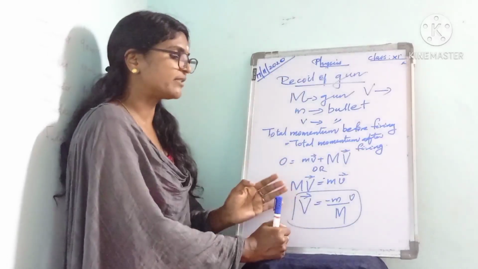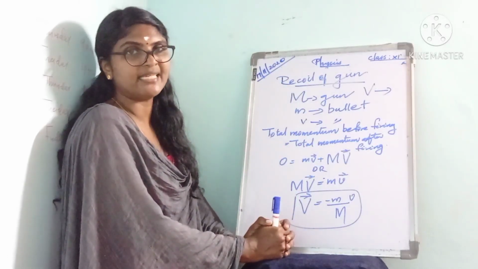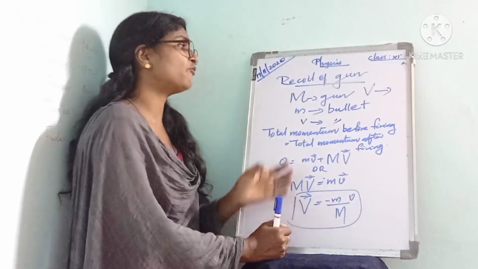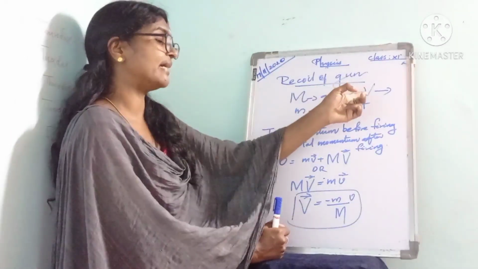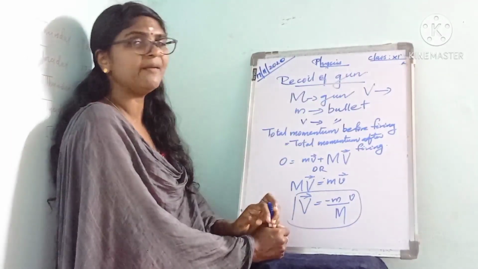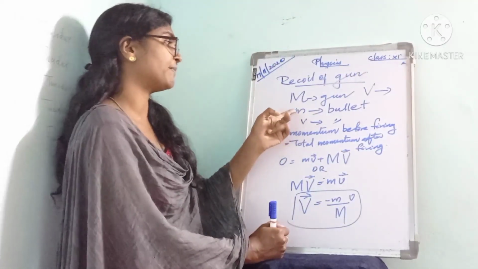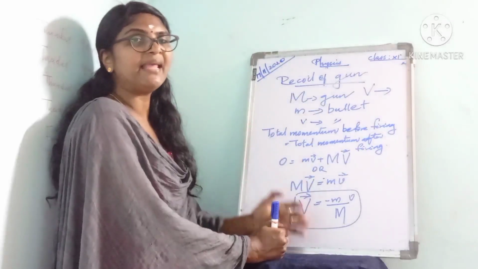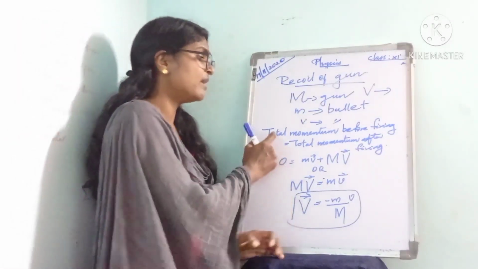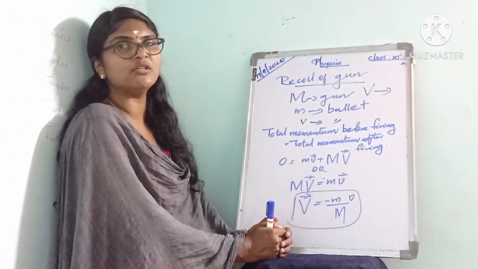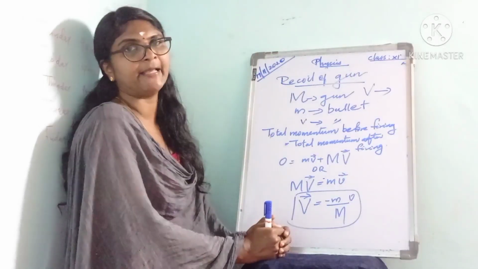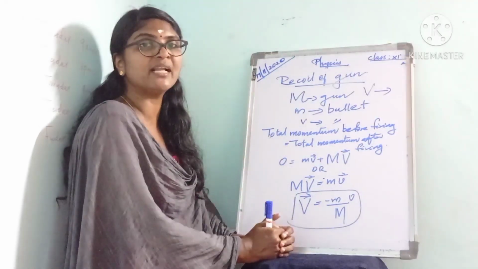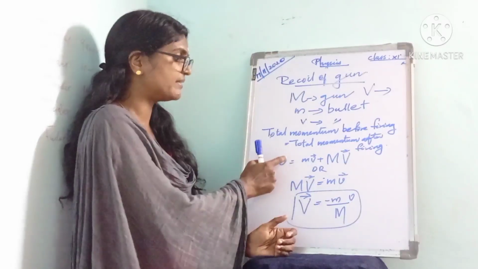Next, we have to find an expression for recoil velocity. For that, we consider the mass of the gun as capital M and its velocity as capital V. The mass of the bullet is small m, and its velocity is small v. Then by applying the law of conservation of linear momentum, total momentum before firing is equal to total momentum after firing. Before firing, both the bullet and gun are at rest, so the momentum is 0.